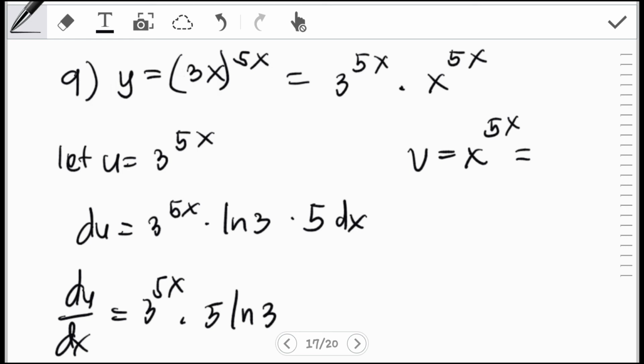So this problem given, so by using the properties of the logarithm or the exponential, we rewrite like this: e to the power ln x and then to the power 5x.